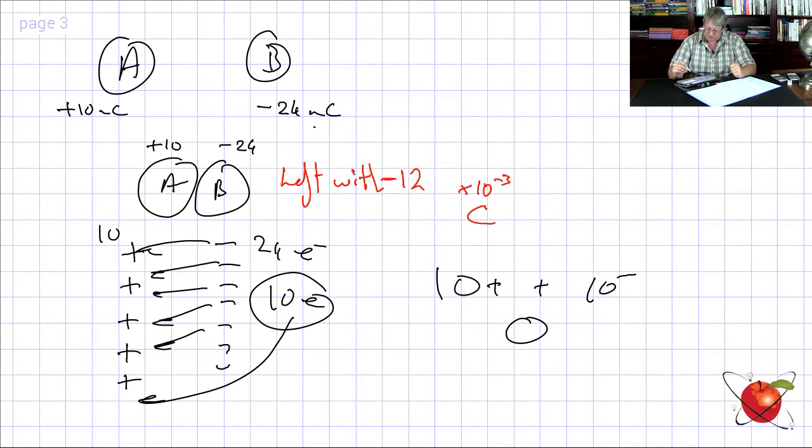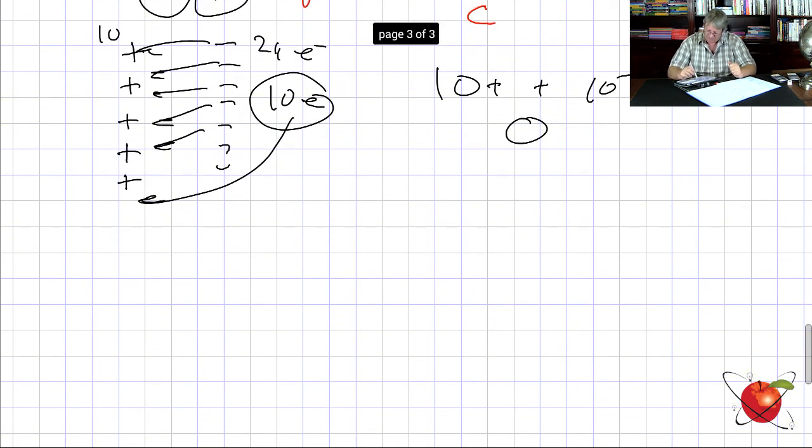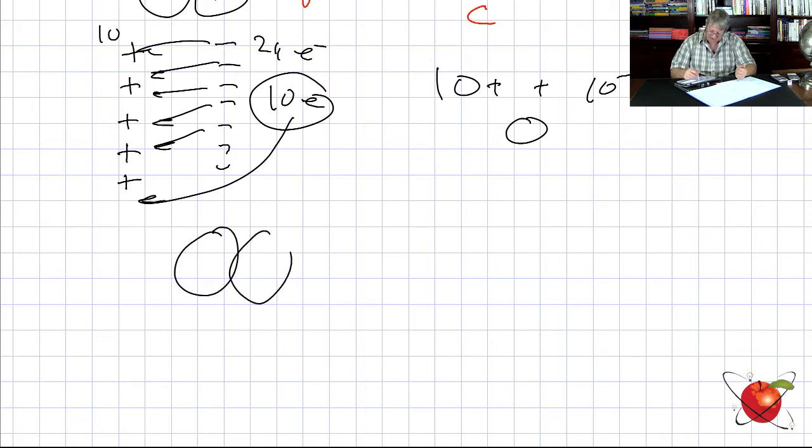What happens to those charges? Where do they go? You know that the charges, okay, there's A and B. They go and they spread out. They spread out as far as possible. Why?